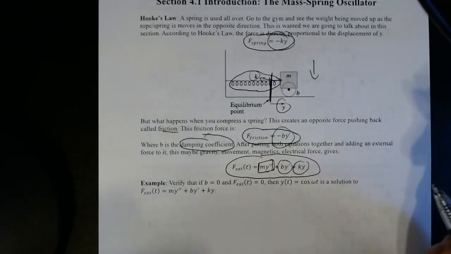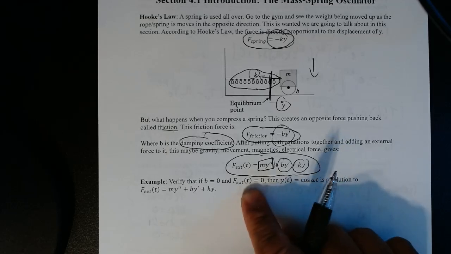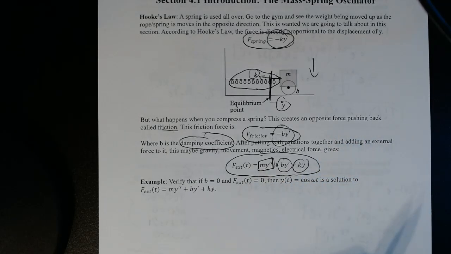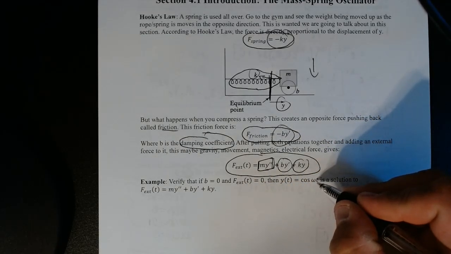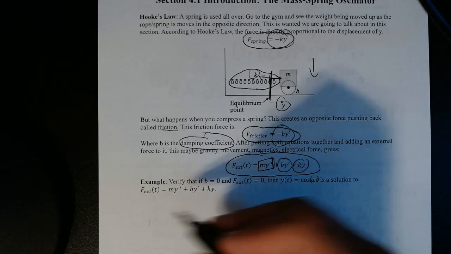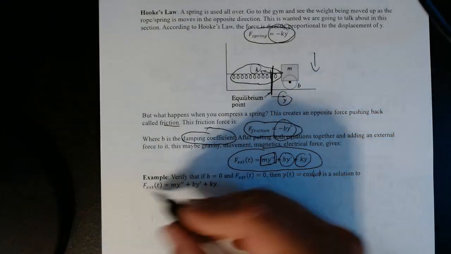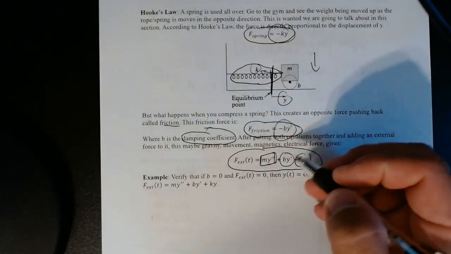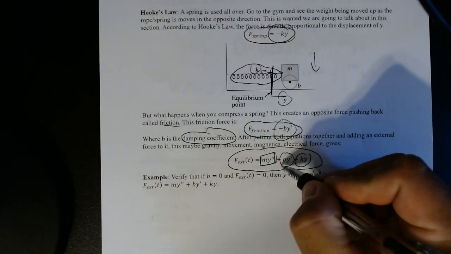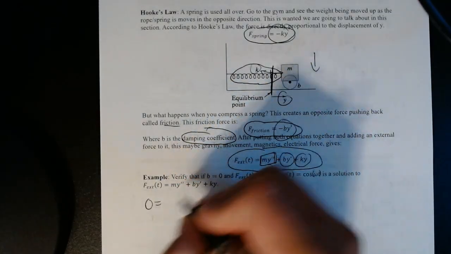So let's see. We want to verify that if b is equal to 0, the force exerted on it is 0, and y of t is equal to cosine of omega t, is a solution to our function. So we have the situation here, and we're just going to plug in each individual case. b is going to be 0, so that term just goes away, and this side is just equal to 0.